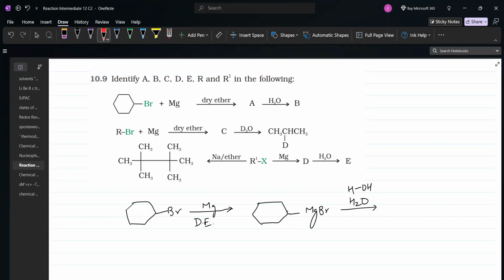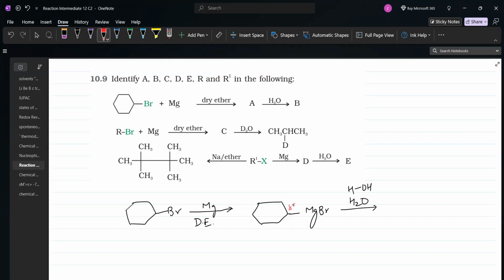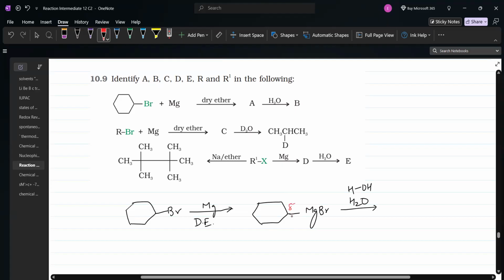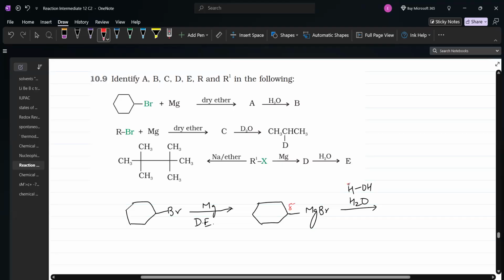It has a partial negative charge, but it is attached to magnesium, which is a metal. This has a positive charge and this has a negative charge, so it will attack this H and take this H from HOH.